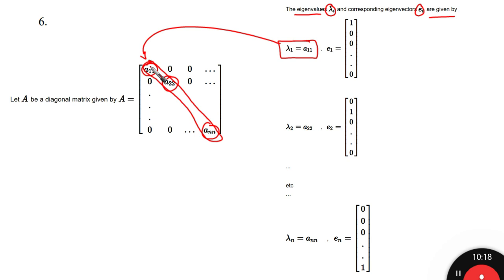This is already known. But what is important for us is exactly the eigenvector.